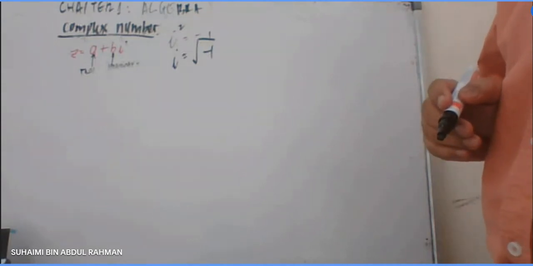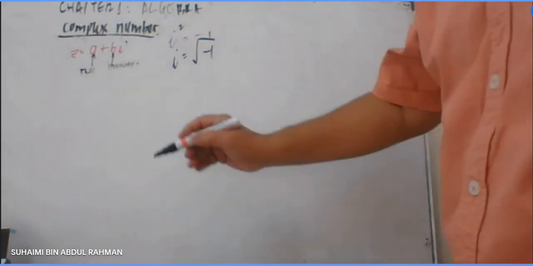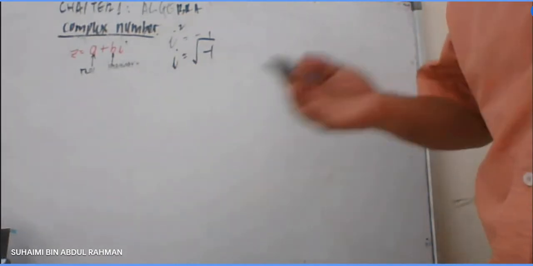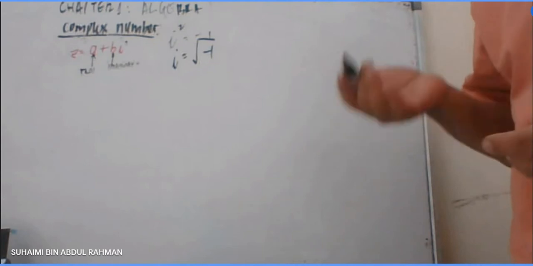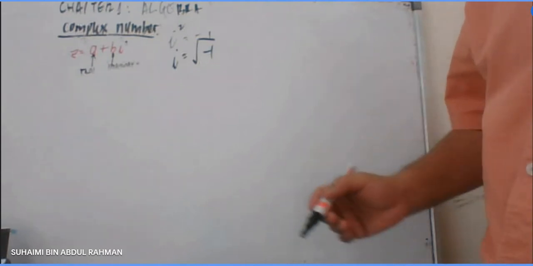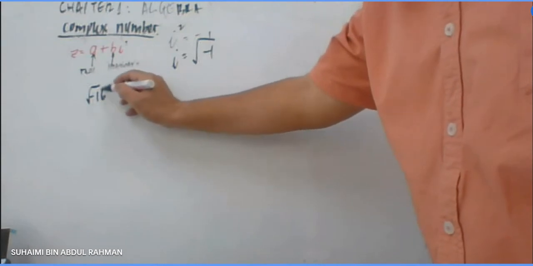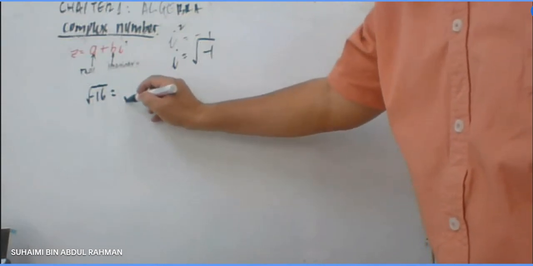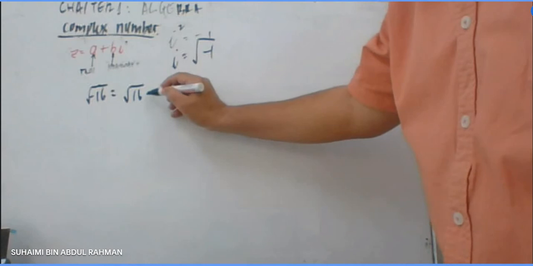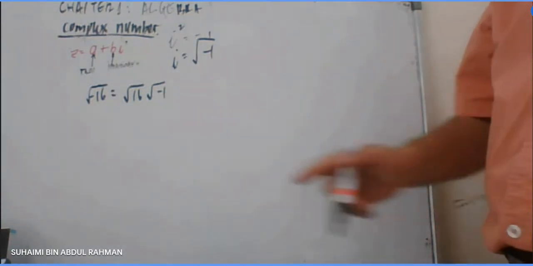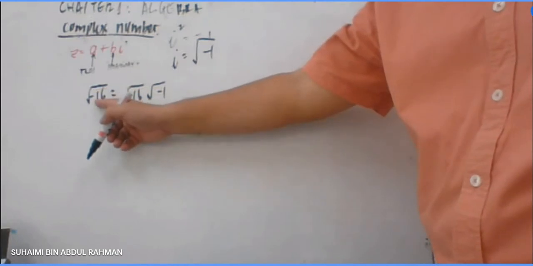If we have a square root of a negative number, in fact, we cannot have a square root of a negative number. For example, square root of -16. What we do is square root of 16 multiplied by square root of -1, because remember the laws of radicals.